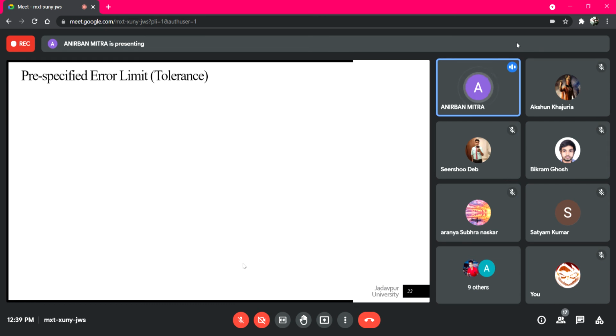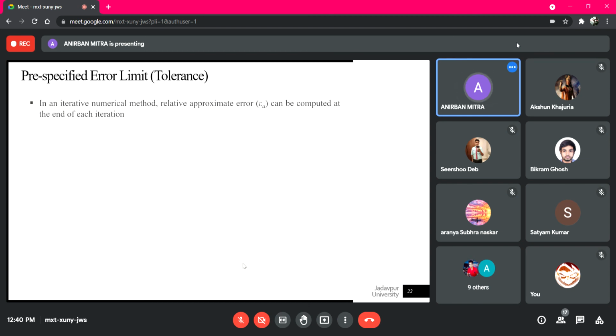This is done in terms of a pre-specified error limit, which is also known as tolerance. Let us take the numerical procedure that we discussed in the last example. It was an iterative numerical method.